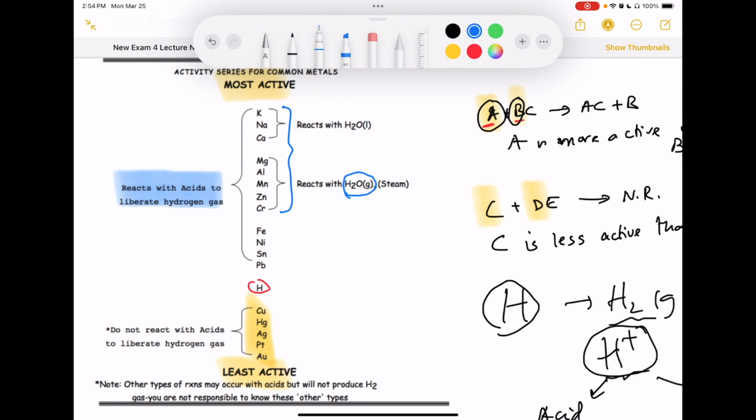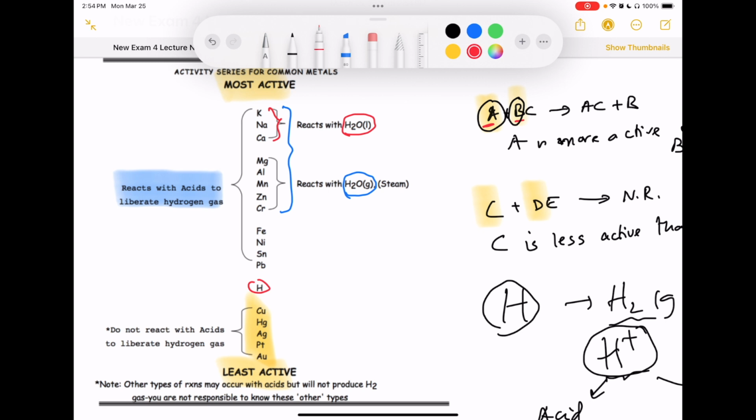Notice that those four elements at the bottom, iron, nickel, tin, and lead, are not going to react with water in the gas form. Only the top part of the series is going to react with water in the gas form. And lastly, only the top three will react with water in the liquid form.